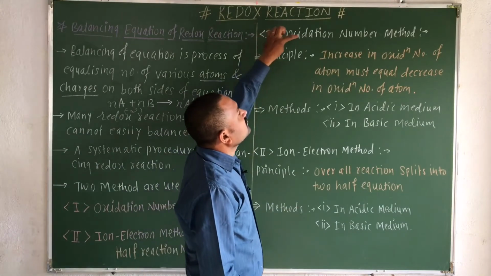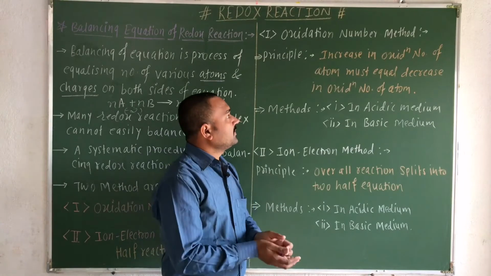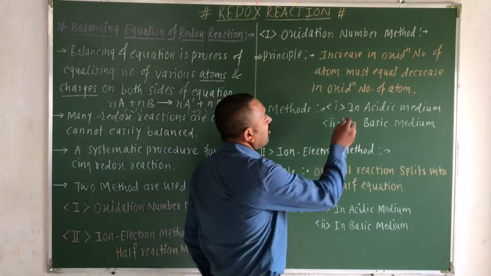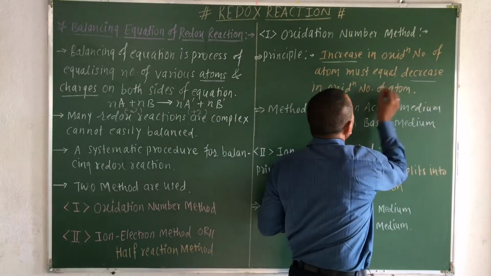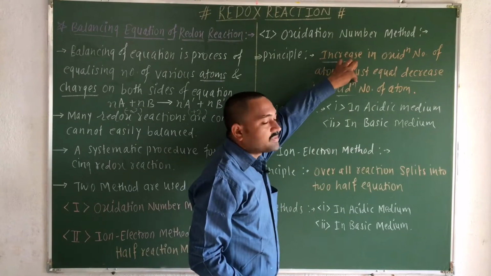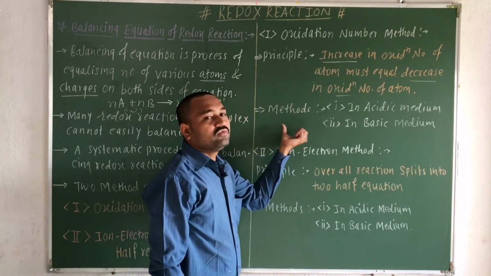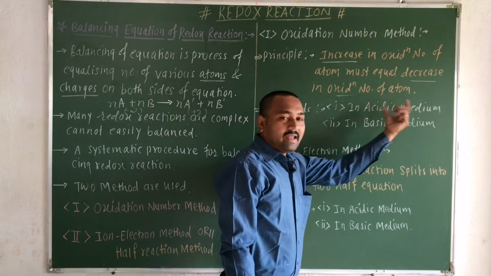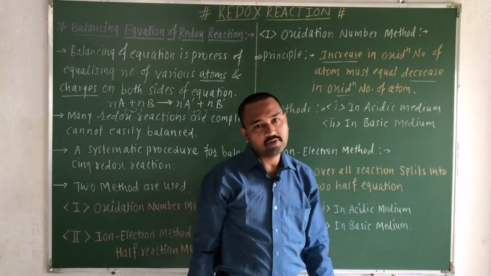In the first method, the oxidation number method, the principle is that the increase in oxidation number must equal the decrease in oxidation number. And in this method we are going to learn how to balance the redox reaction in acidic medium as well as in basic medium.